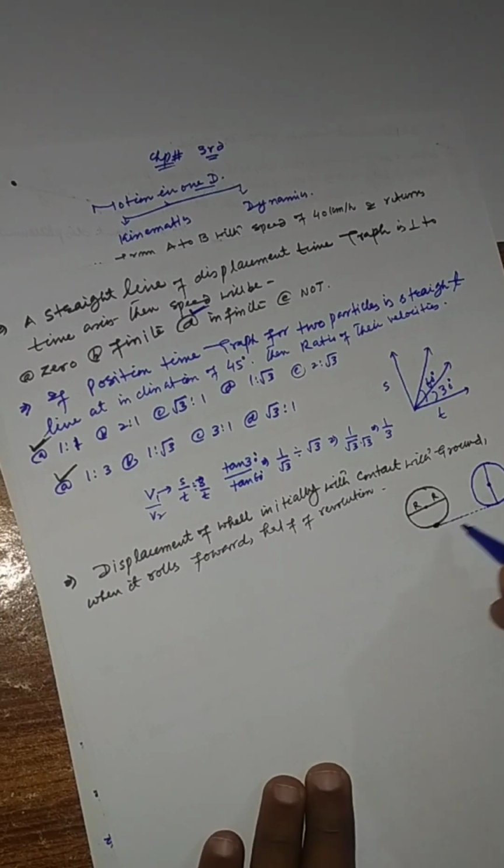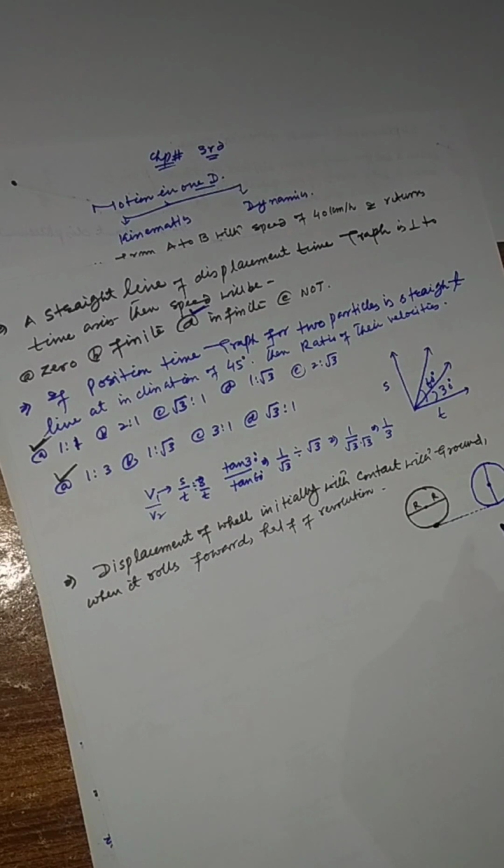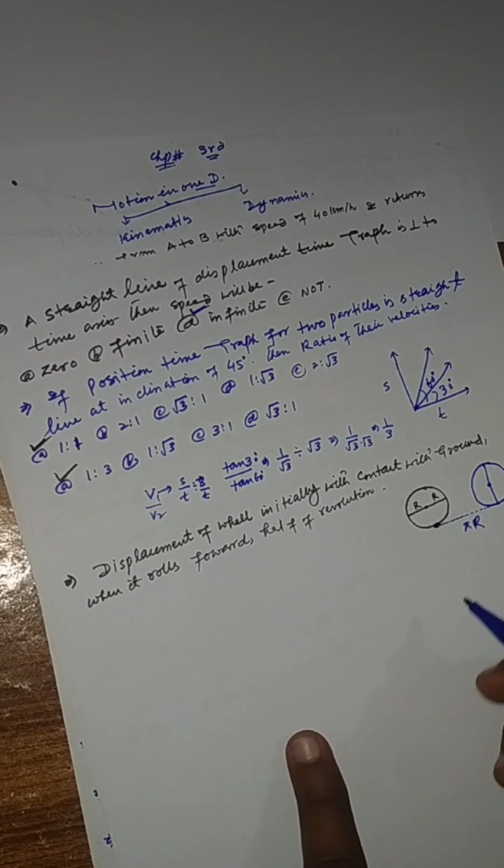One revolution is equal to 2 pi r. If it covers half revolution, this distance will be pi r, and this is the diameter. This will be 2r. We have to find this displacement.